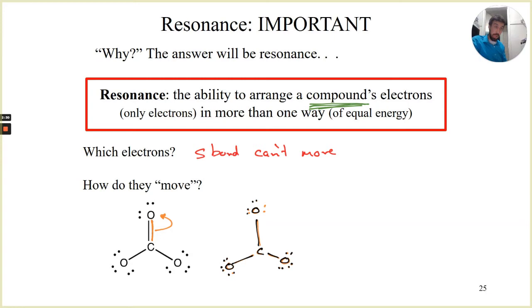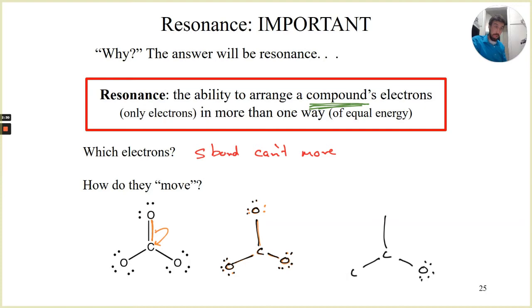Yeah, I have the same compound, but I've changed the location of where those electrons are. So that by definition satisfies resonance. Best or useful, we aren't addressing yet. Could I have just as easily moved those electrons towards the carbon? Well, what would have happened in that case?